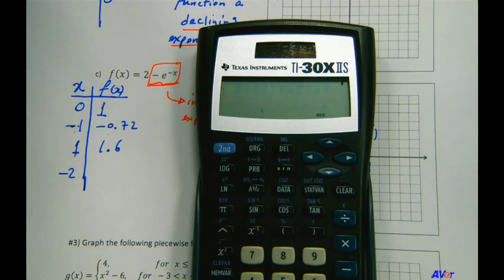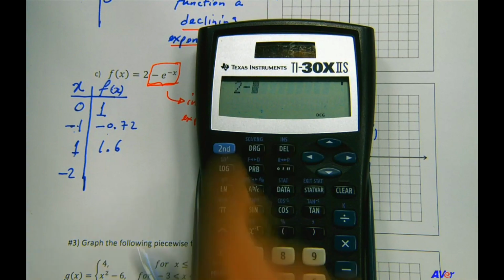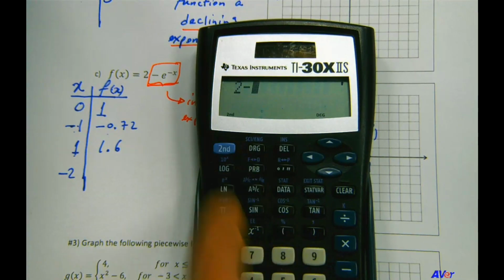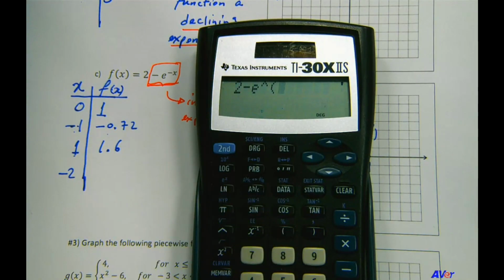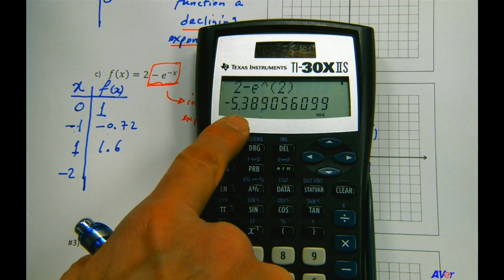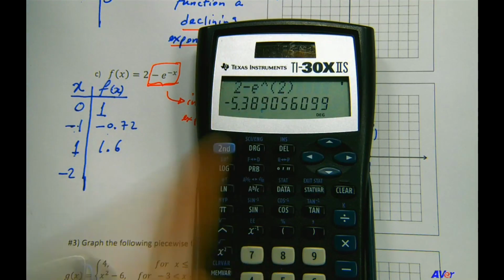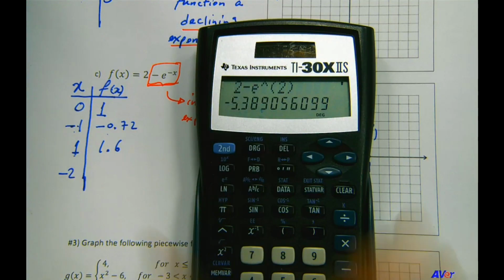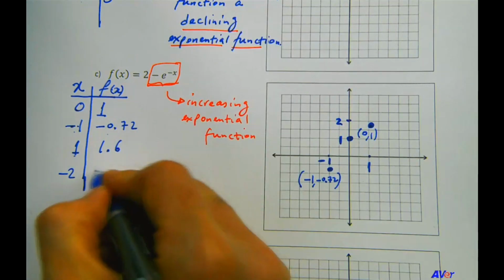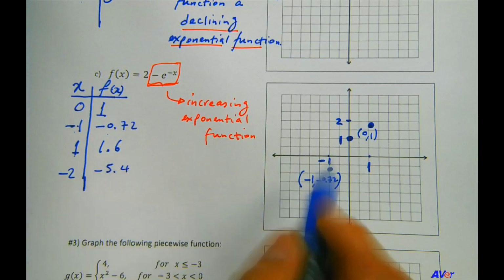So 2 minus e to positive 2 power, so negative 5.4, let's say. Let's round that to negative 5.4. Okay, let's plot that.